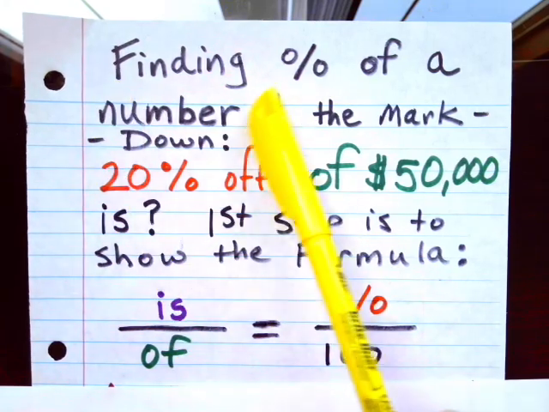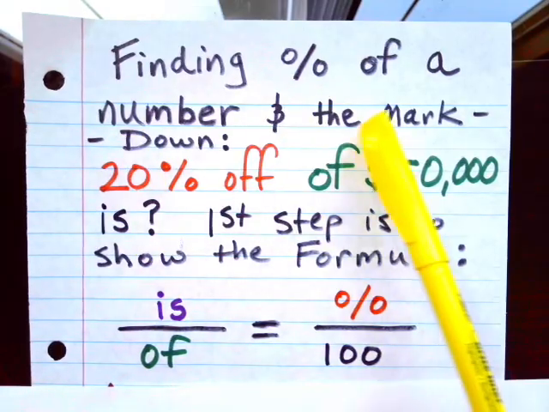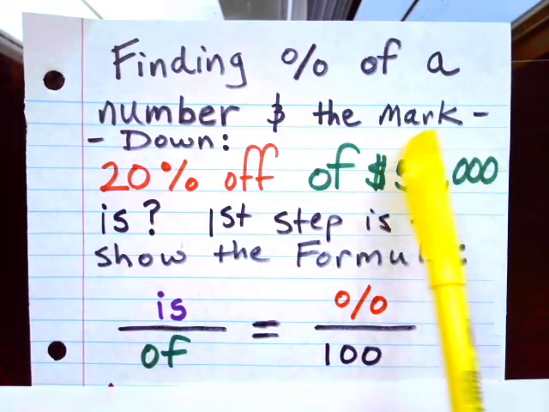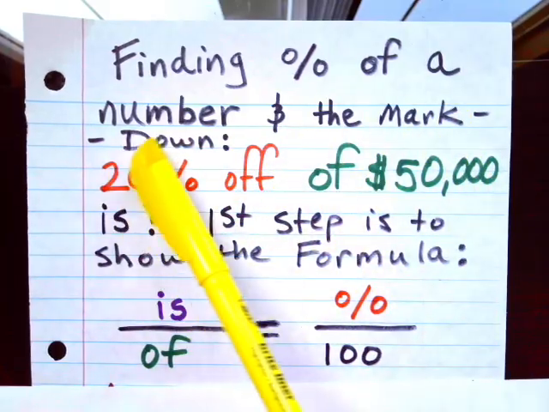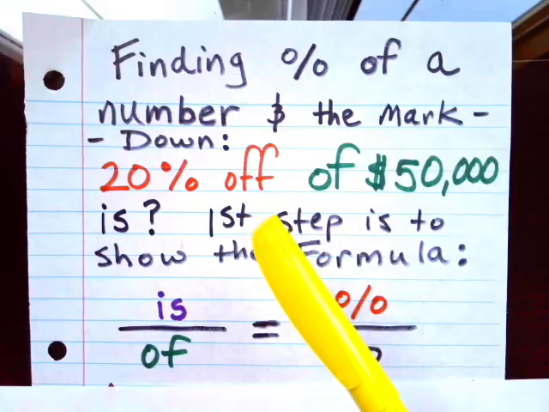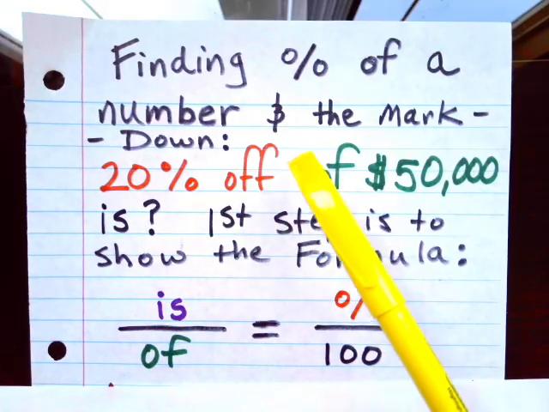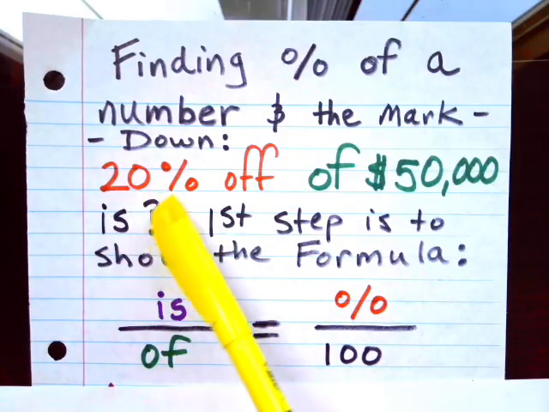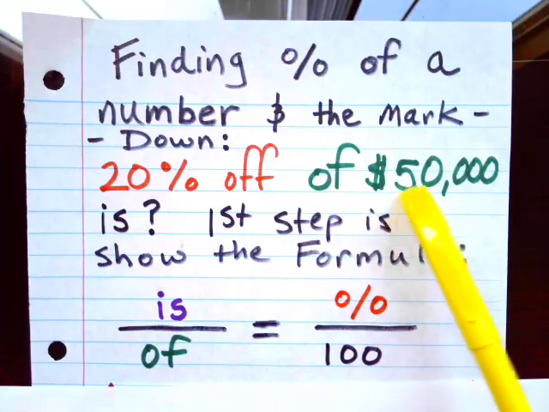So when finding percentages of a number, we want to consider, is it a markdown or a markup? In this case, we're marking down. We're taking away, related to the question, garlic cloves that have been smashed, destroyed, or lost. So we want to find, first of all, 20% off of 50,000.